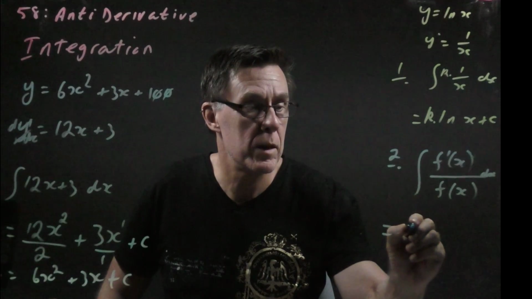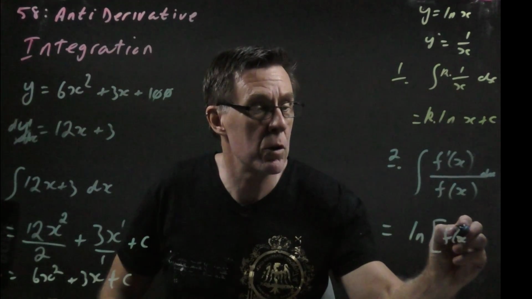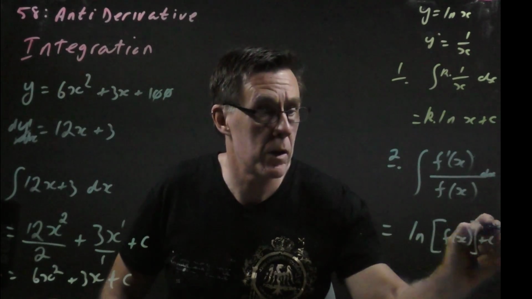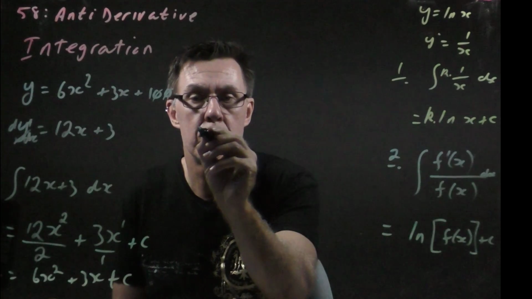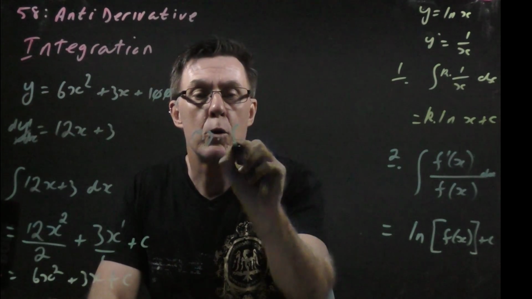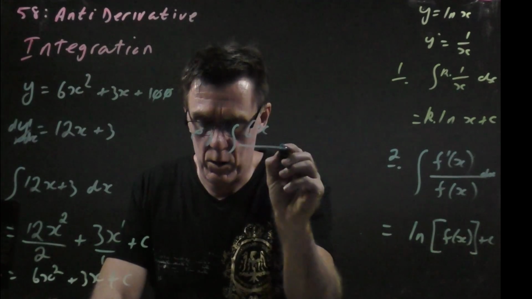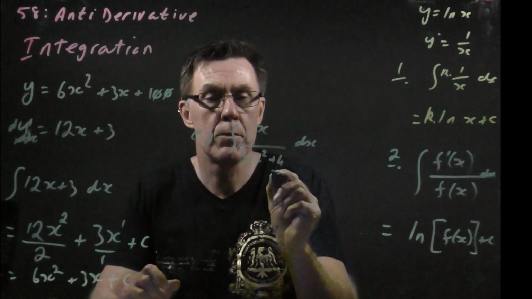It just integrates to be the natural log of whatever that function on the bottom is, plus c. So our example for that would be, if I wanted to do the integral of 6x over 3x squared plus 4.